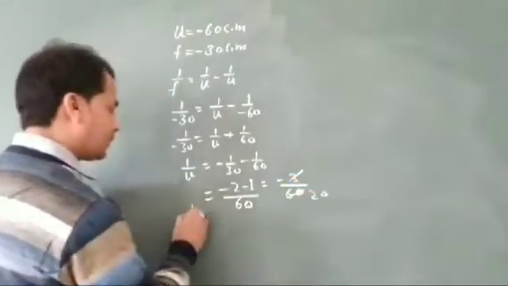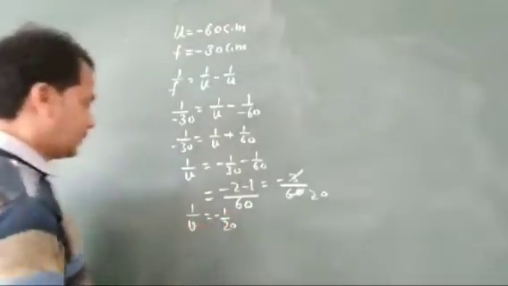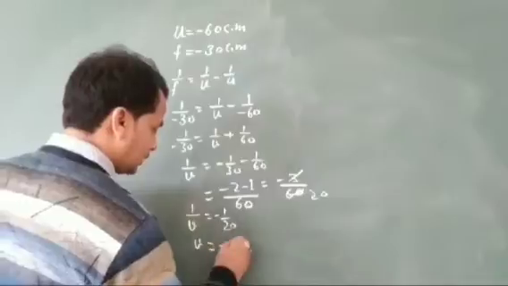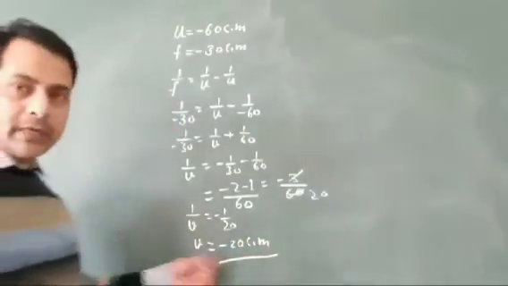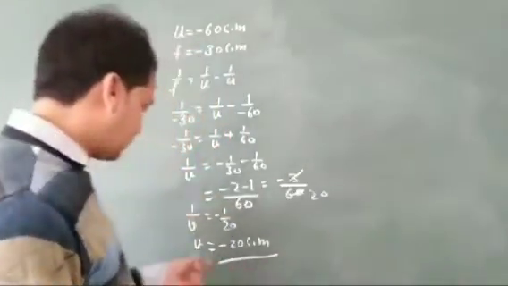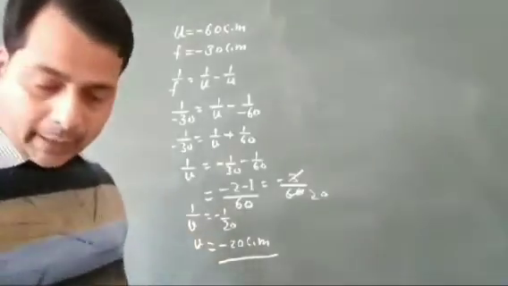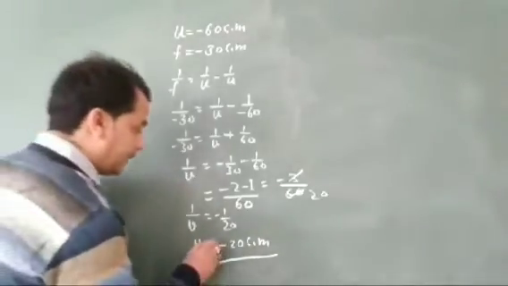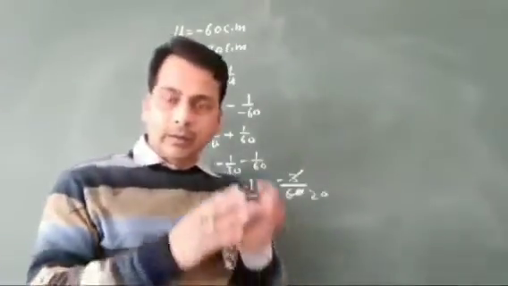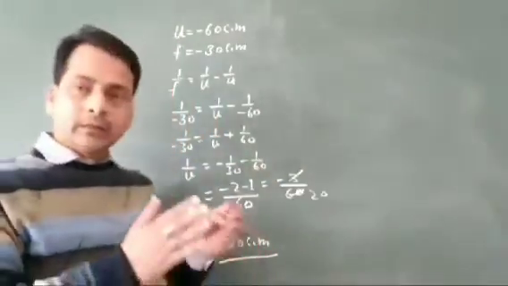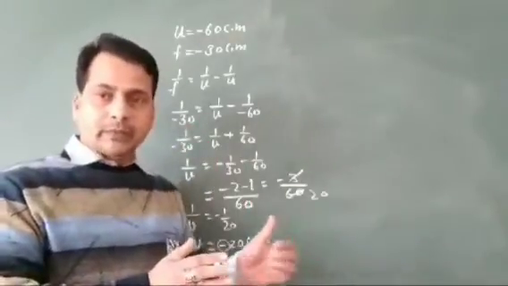Then 1/v = -1/20 and v = -20 centimeter. So the position of the image is minus 20 centimeter, and the negative sign indicates the image forms on the same side as the object.